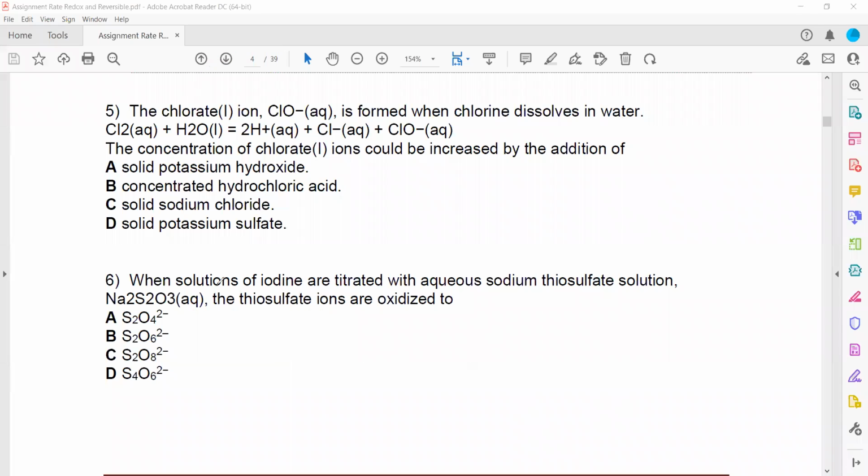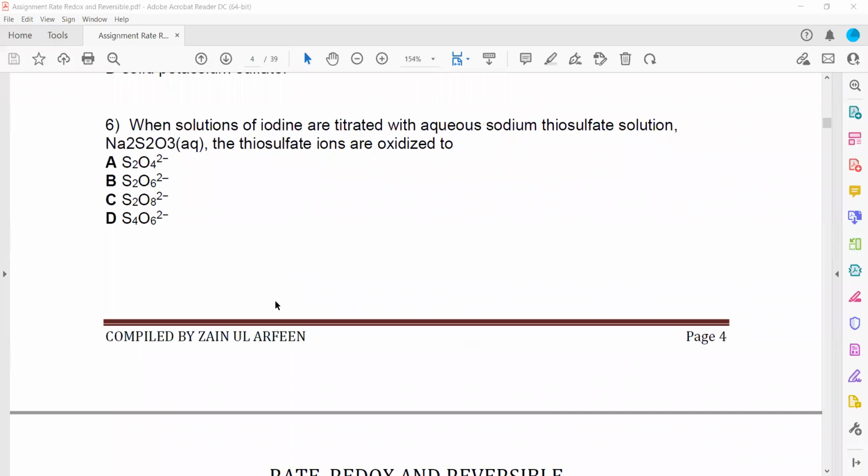Then in question 6, when a solution of iodine is titrated with sodium thiosulfate, the thiosulfate ions are oxidized. The equation for the iodine thiosulfate titration is there. We have an iodine molecule reacting with thiosulfate ion, S2O3 with a charge of 2 minus.